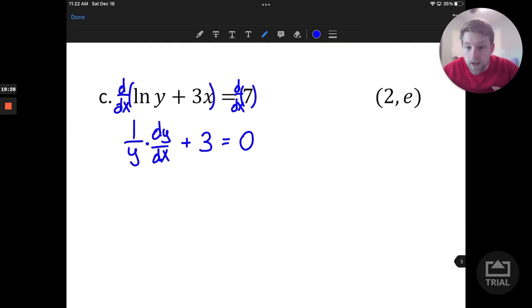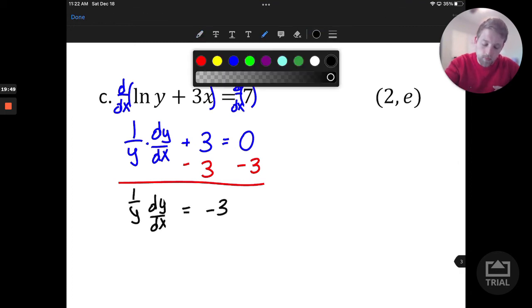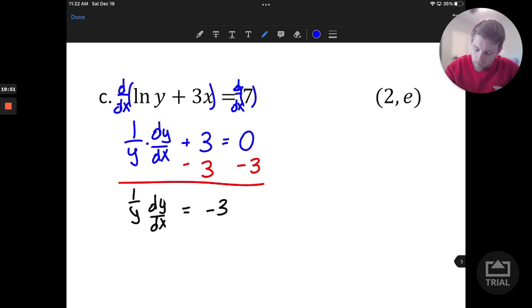So this derivative actually happens to only be dependent on y. If we rearrange these terms a little bit, we'll subtract 3 on both sides. We'll have just 1 over y dy dx is equal to negative 3, and then I can multiply both sides of the equation by y.